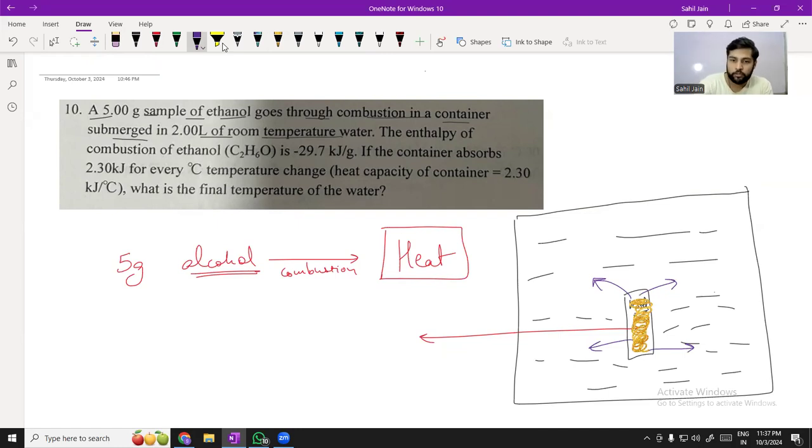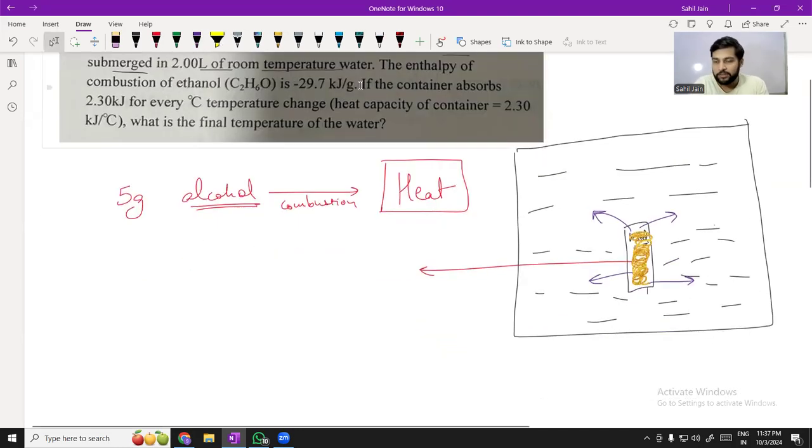Okay. So now we know that eventually all of the things in this whole system will be in thermal equilibrium, meaning that they all will acquire the same temperature.